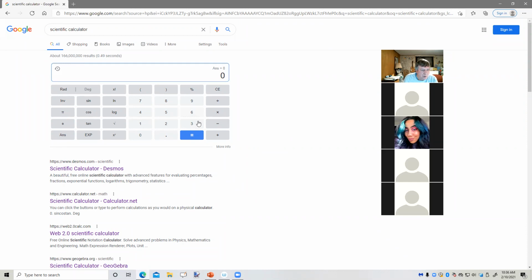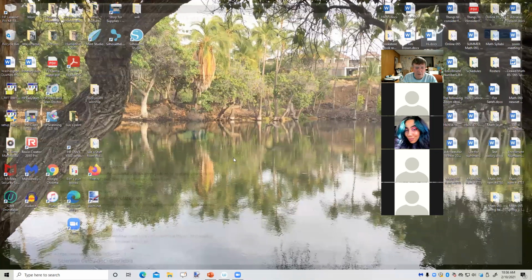So for this, square root, and then there's a left-hand parentheses already in there, 9 plus 8 pi, close it up, and there you go. So there's just an example of where you could do it with a calculator online until yours arrives. Okay, real good. Let's go back here.